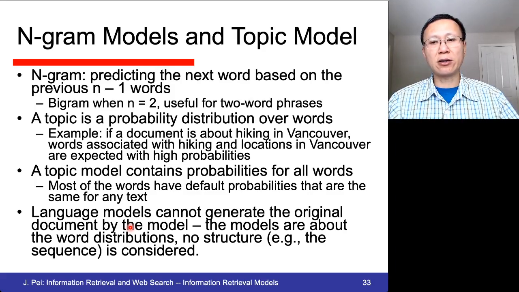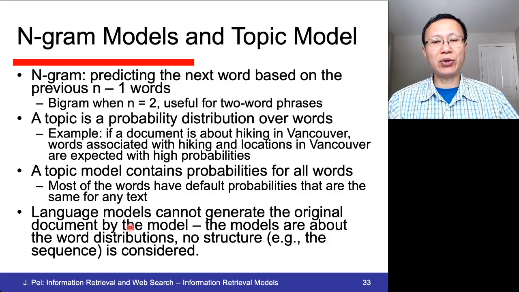If a document is talking about hiking in the Vancouver area, then the words associated with hiking and the locations in Vancouver, such as Squamish, may be expected with higher probability.